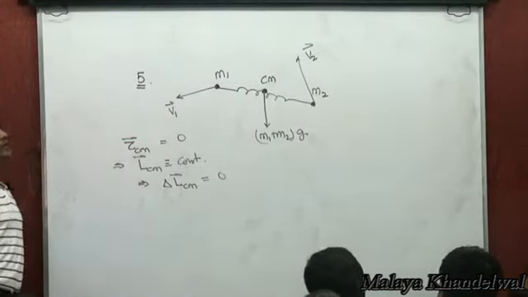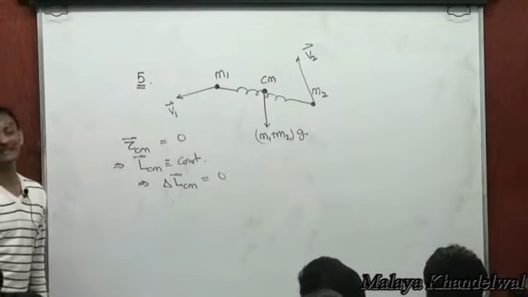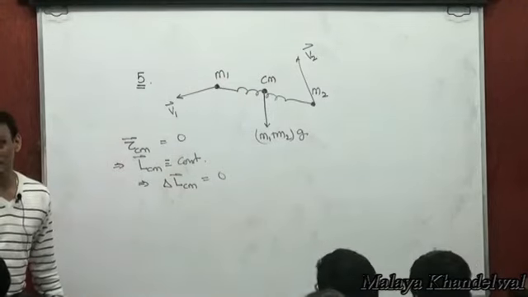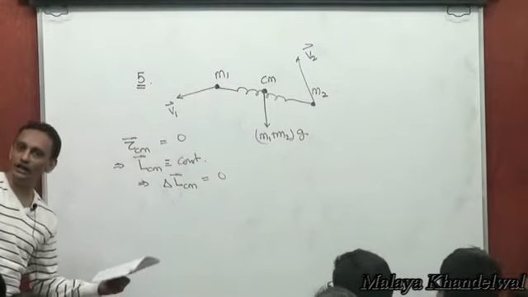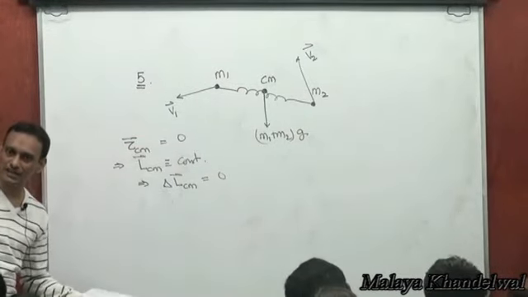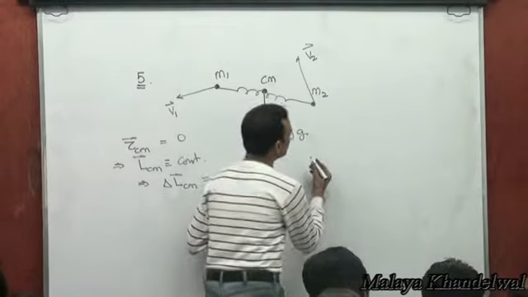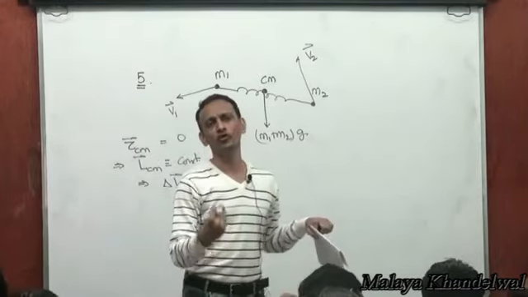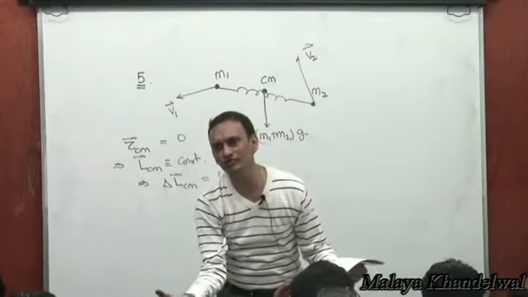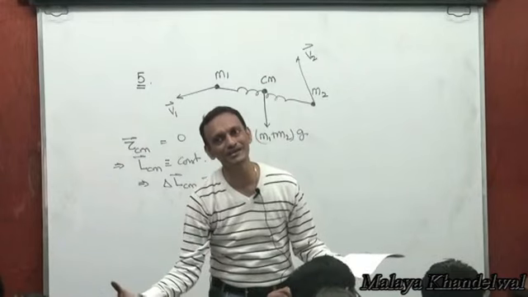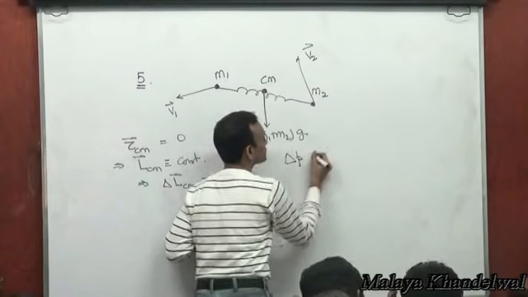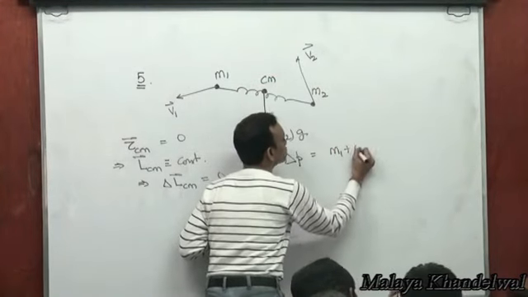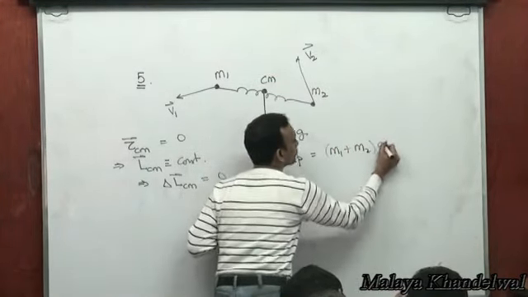Now, the only external force acting on the system is m1 plus m2 into g. So this is the only one that's producing change in linear momentum. And change in linear momentum for a constant force would be force into the time over which it acts. So the change in linear momentum is m1 plus m2 into g into time t.